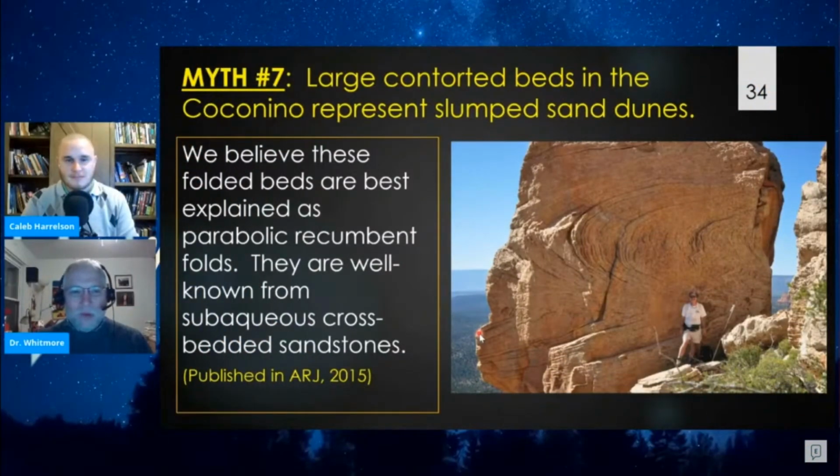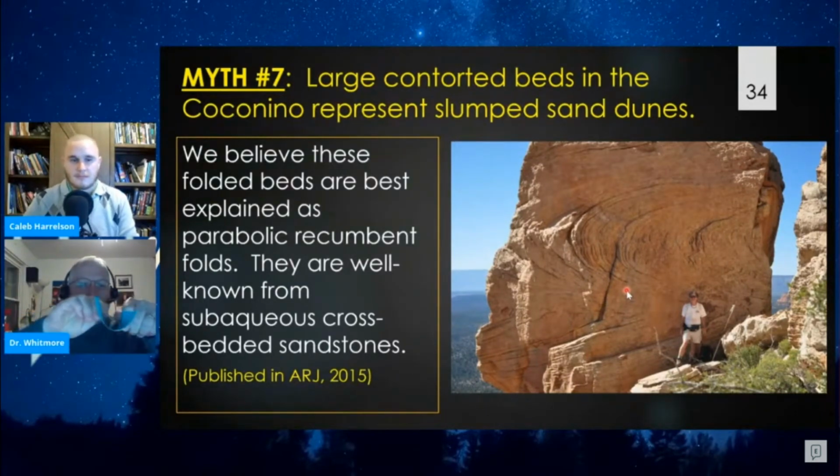And what we believe these are parabolic recumbent folds, and this particular one is about 20 feet from top to bottom. It's huge. And so a parabola, if you guys remember in geometry, is kind of this U-shaped fold, right?